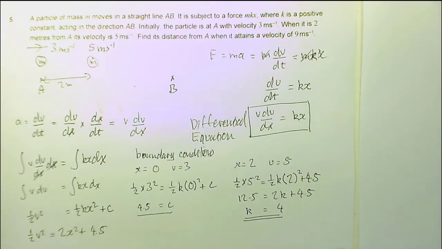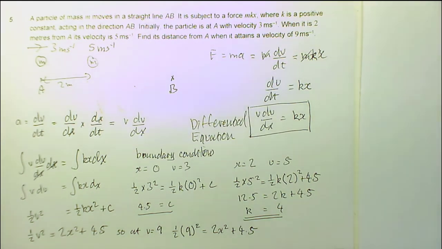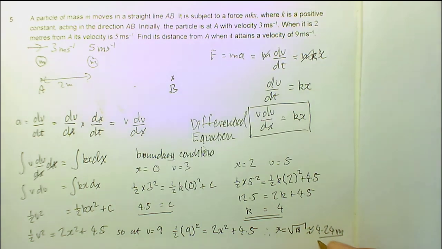So find the distance of this particle from A when it attains a velocity of 9 meters per second simply means substitute in 9 for v and work out x. And if you figure that out, you will get x equals the square root of 18, which is about 4.24 meters.